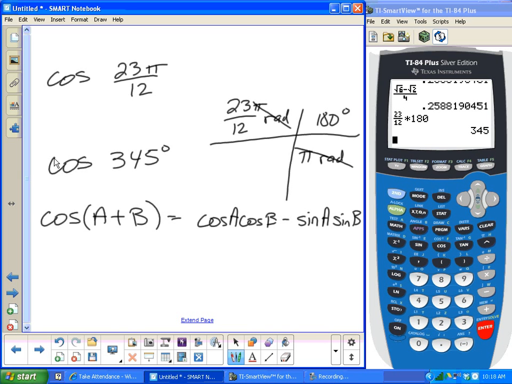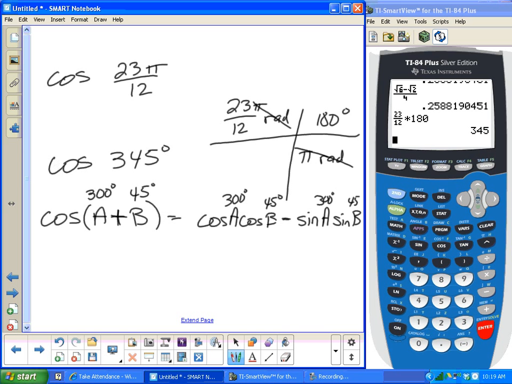It's minus. So it is kind of tricky that that's plus, but yet over here in the formula is minus. Now we said that we would use 300 degrees and 45. Could I swap that order? Yeah. All right, let's do 300 for A, 45 for B.